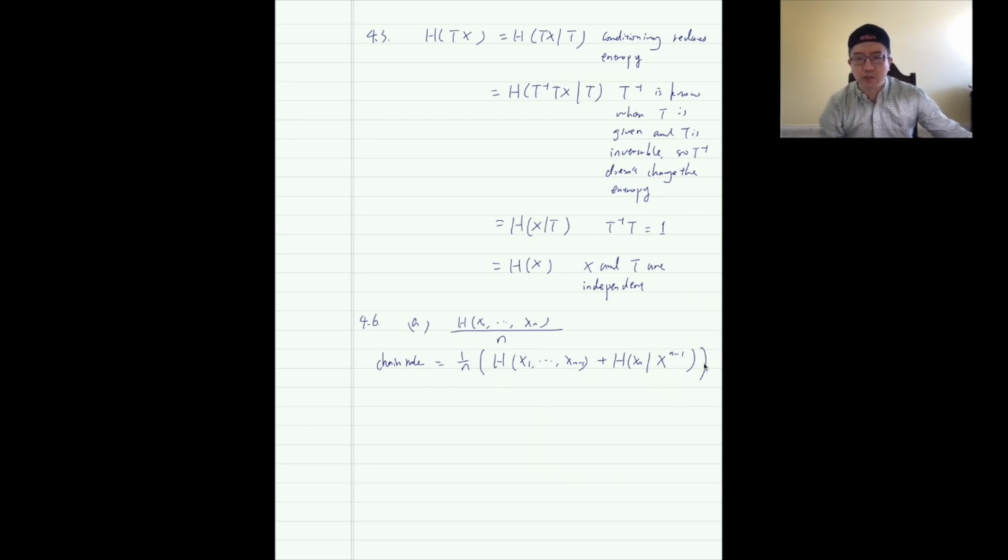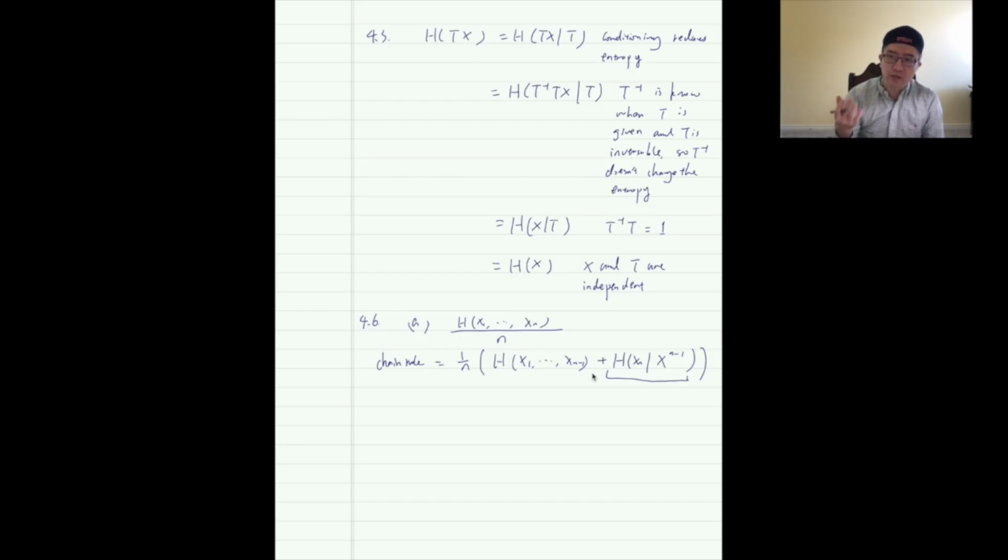But we somehow need to manipulate this term to get something similar, maybe, right? So this term is our focus, right? So let's see how we can manipulate this term, right? So let's see.